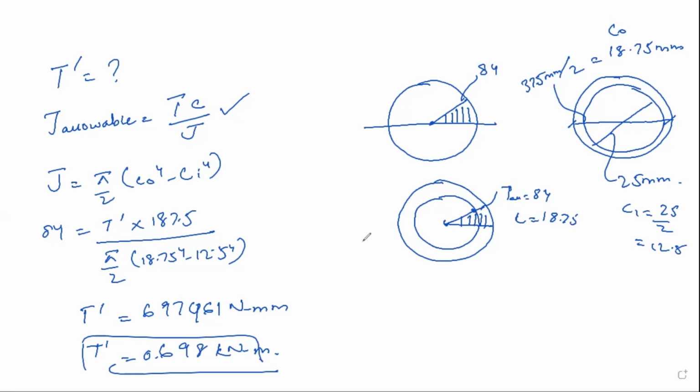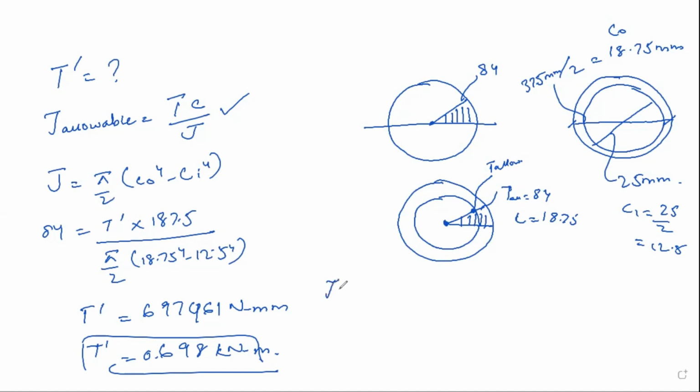Now we have T dash till this point due to circular shaft. We have to know T allowable till this point. So here we use this formula, but rather than using 18.75, we will use 12.5 here. The whole formula will be same, but we will use 12.5, and then we calculate allowable by using this T dash.